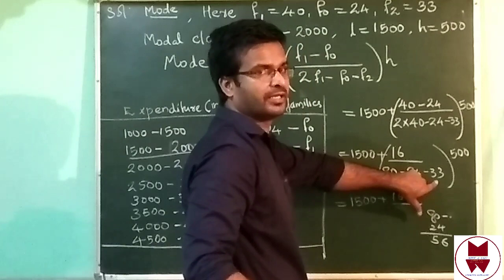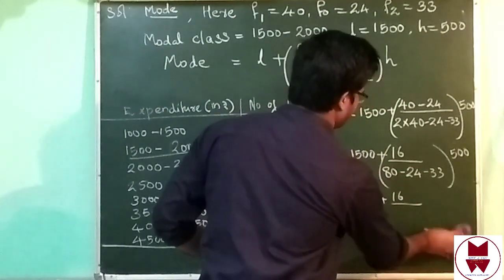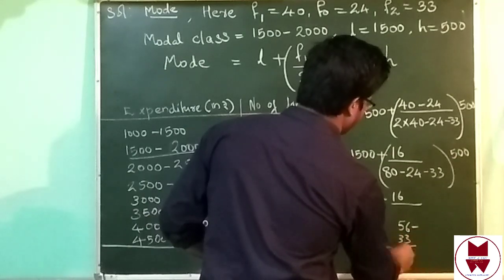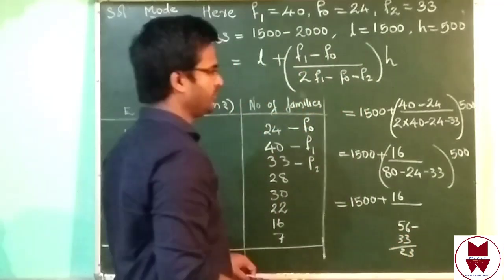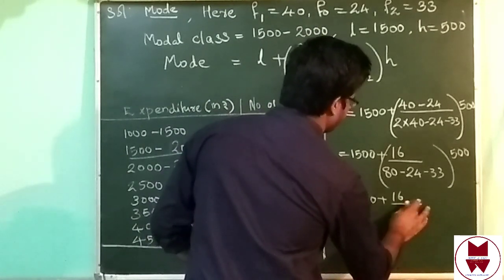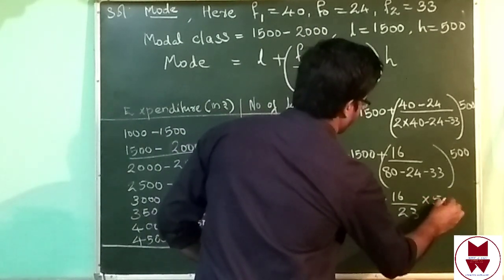One more number is there, that is 33. 56 minus 33, you will get 23. You can write 23 into 500.